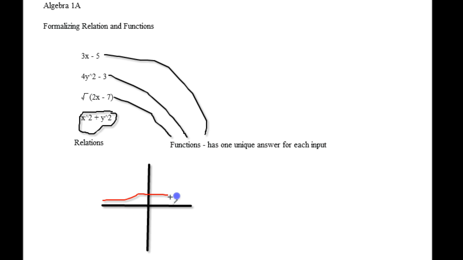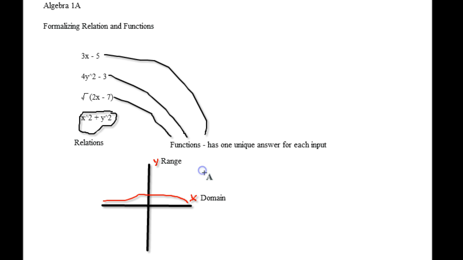All of these numbers on the x-axis are numbers that we can plug in, so that's pretty simple. All of these numbers on the y-axis are answers we get out. So we are going to call this the domain. It's the domain of numbers I can plug in, and this is going to be the range.